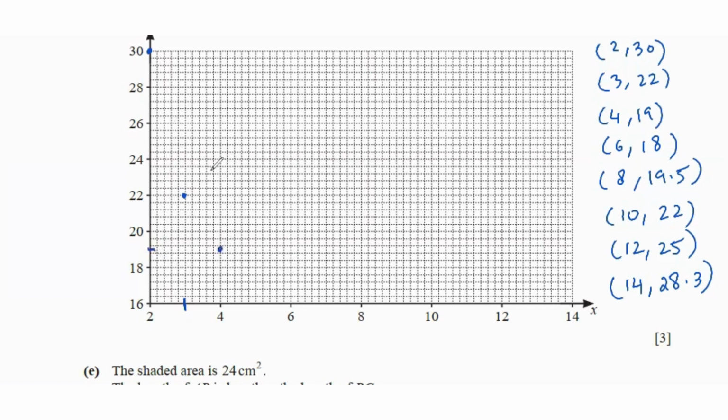That's 4, 19. Then 6, 18. Then 8, 19.5. So this is 19, this is going to be 19.5. That's 8, 19.5.